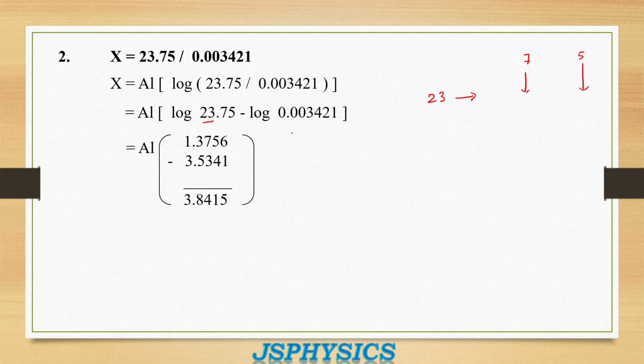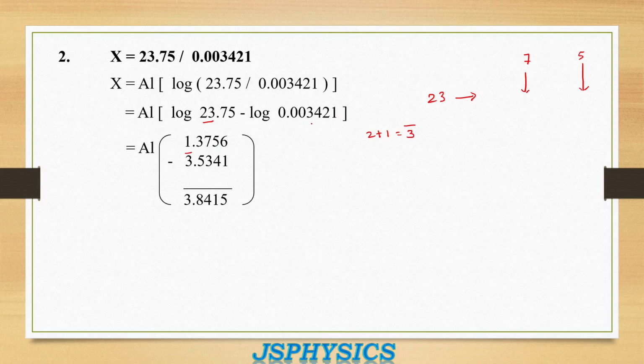Similarly, we'll apply the rules of logarithms for the second number. This number is less than 1. The number of zeros between the decimal point and the first non-zero digit is 2, so 2 plus 1 becomes 3, and that we take with a negative sign. So the characteristic for this number will be bar 3.